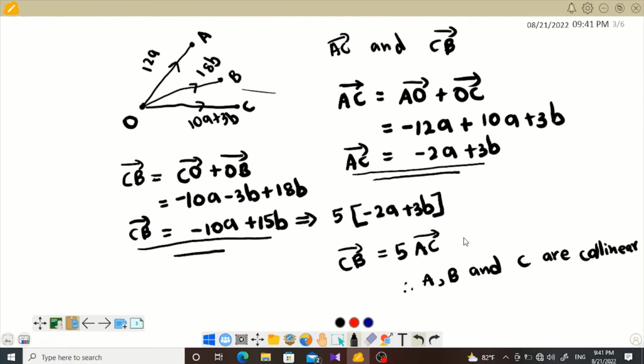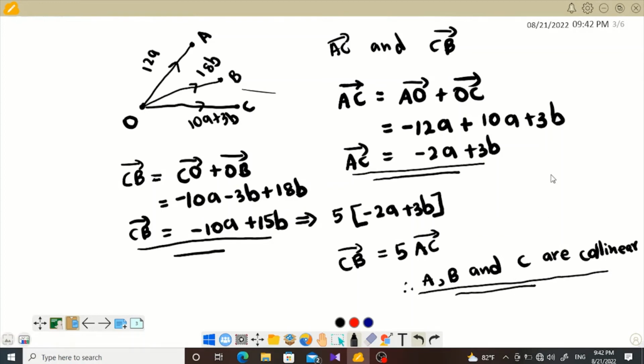But in this case, we don't consider a parallel vector, because the end point of AC and the starting point of CB are the same point, C. There can't be two parallel vectors starting or ending from the same point. So these three points are collinear for sure. You have to write it as a point 4.